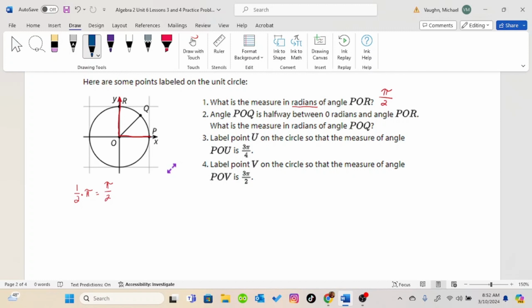So now we had pi over 2, and now this is 1/2 of that. So our new angle POQ, this is going to be pi over 4.